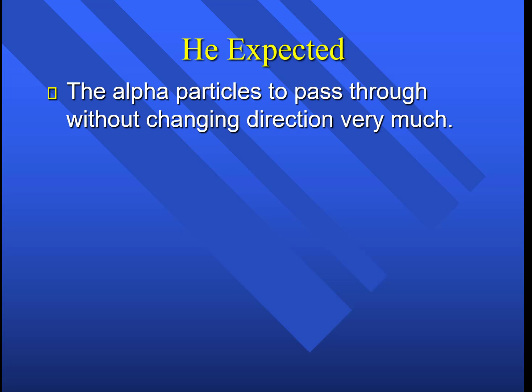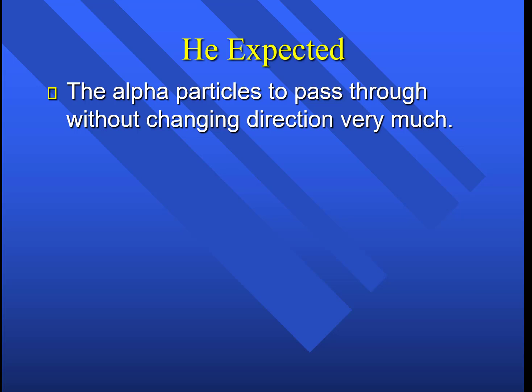And what he expected was he expected the alpha particles to pass through without changing direction very much. Because these were heavy particles, they were going to be hard to turn.